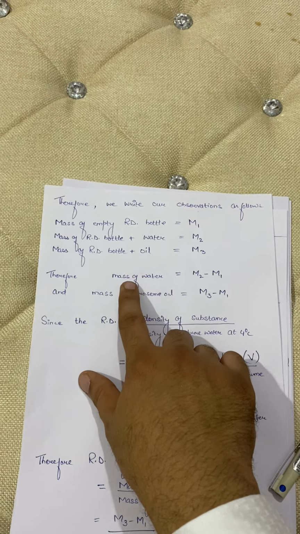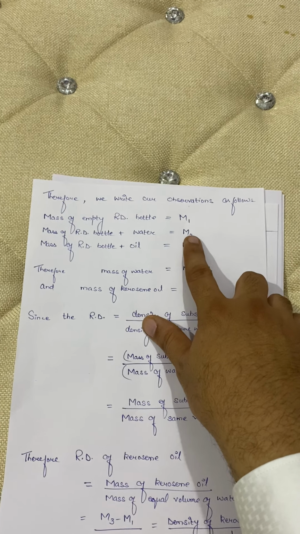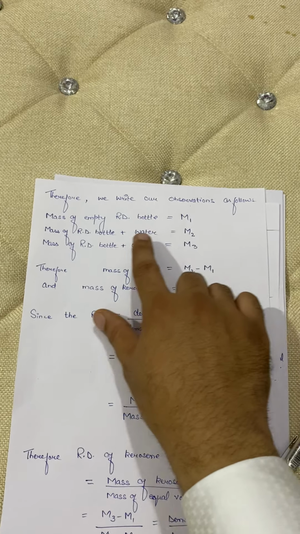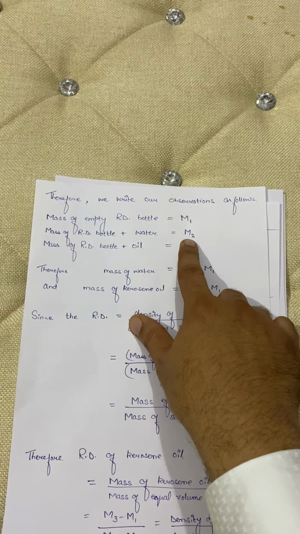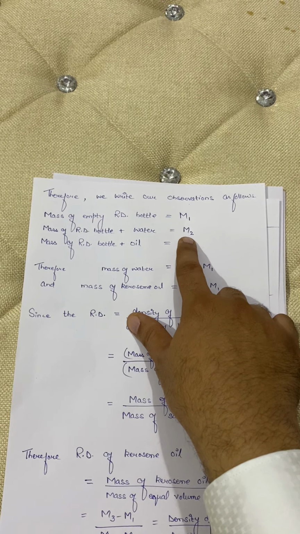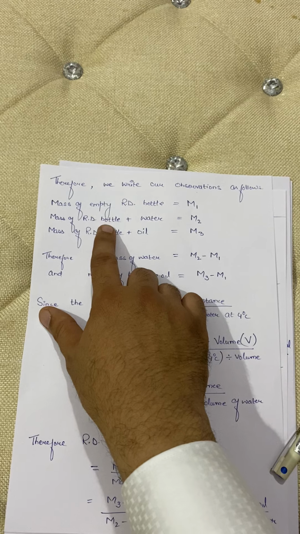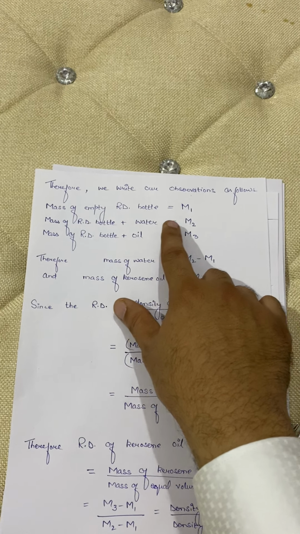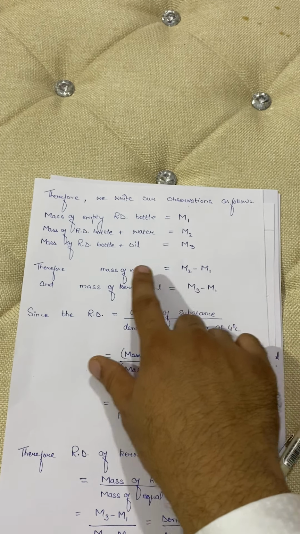So now what will be the mass of only water? This M2 is the combined mass of bottle plus water. If from this mass M2 we subtract the mass of the RD bottle, we will definitely get the mass of water that is filled inside. So that is what we have done over here.